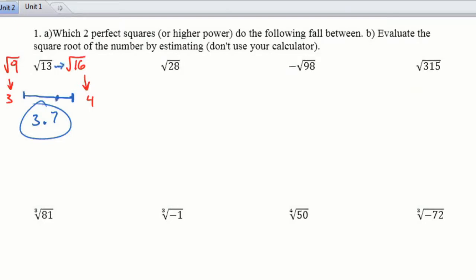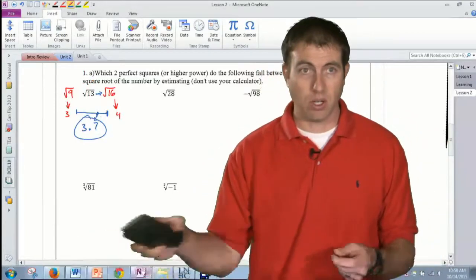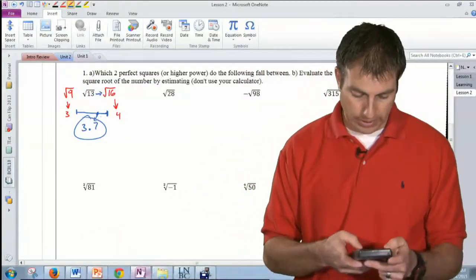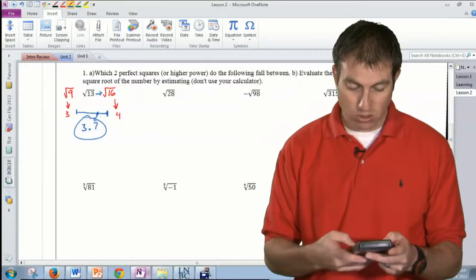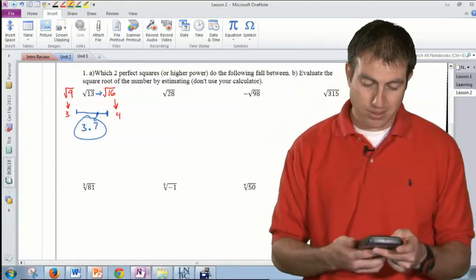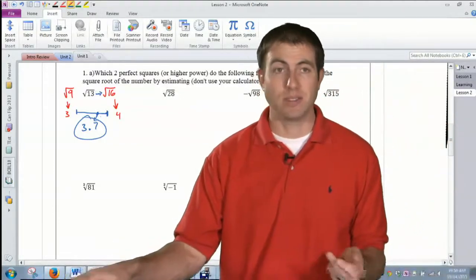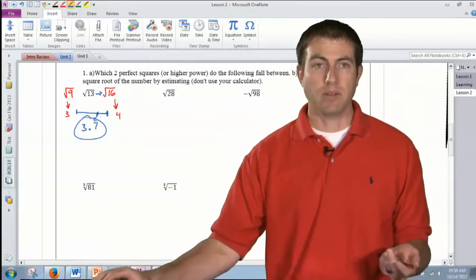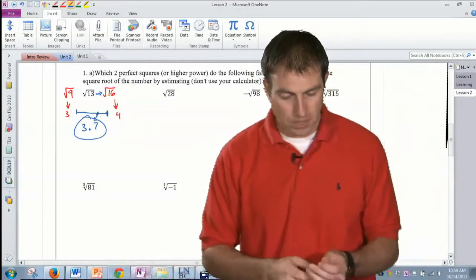So it's probably going to be in here somewhere. 3.7 would be my guess. Now, if I were to take my calculator and actually figure out what the square root of 13 is, because I don't know that, just to see how close my guess was, it's 3.6055. So I guessed 3.7, it was 3.6. I'm pretty happy with that. That's a pretty good estimate.